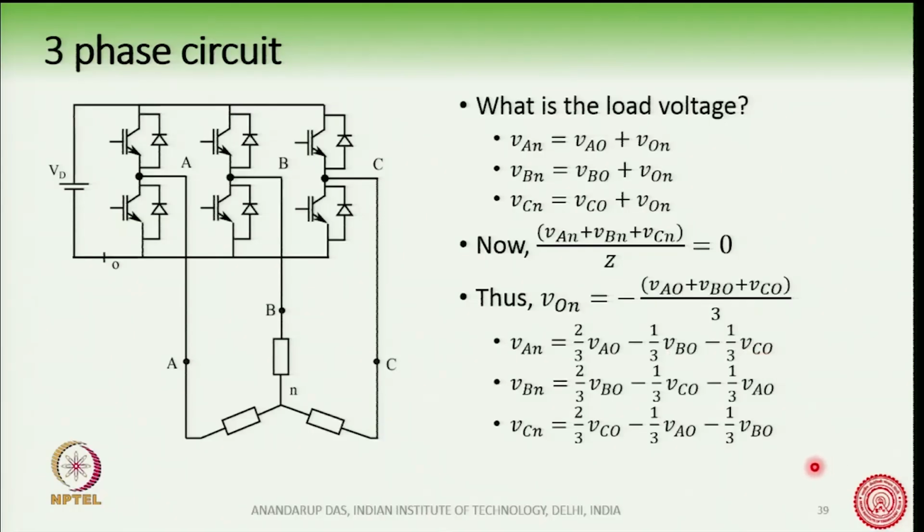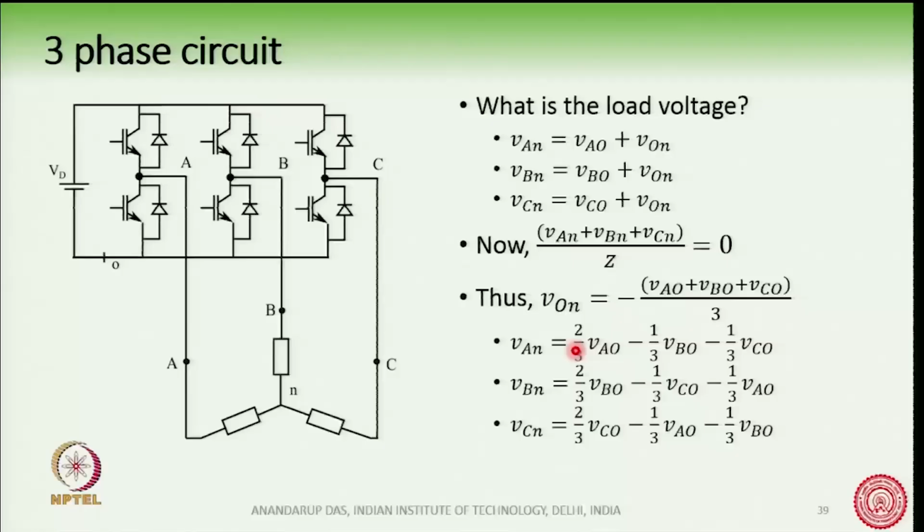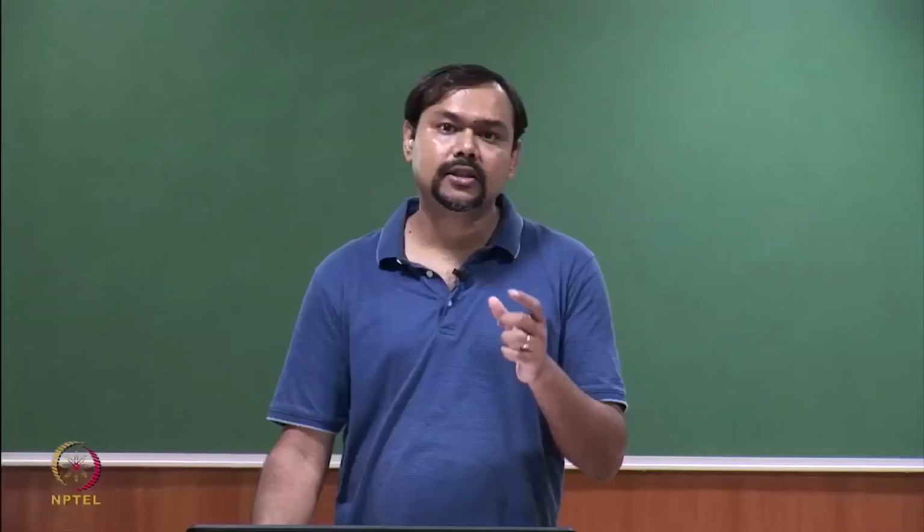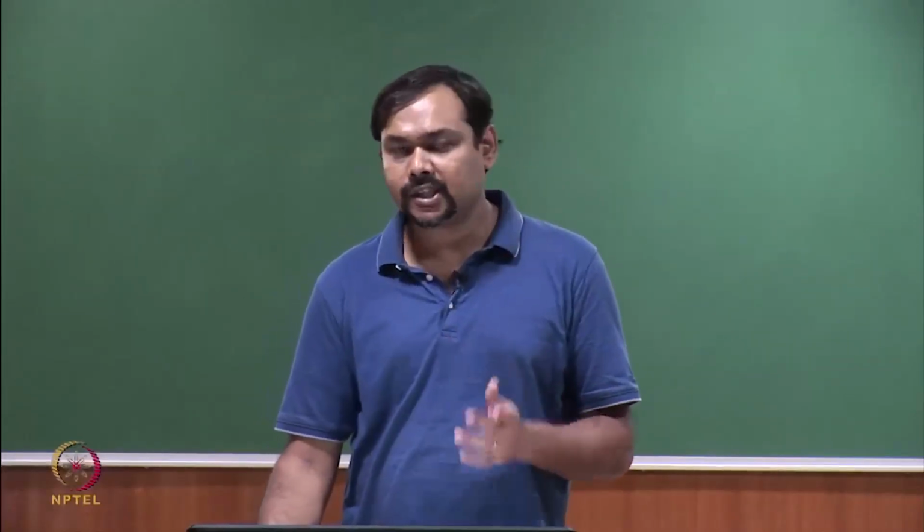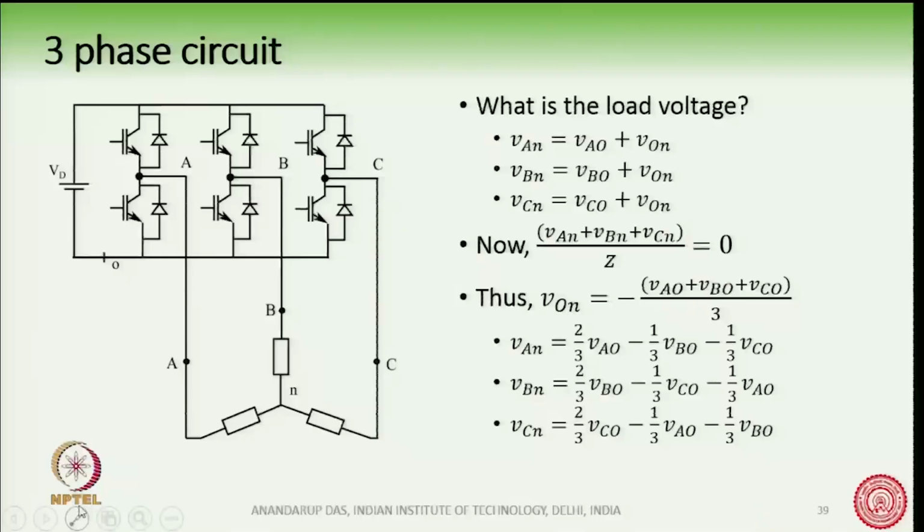Which means that the instantaneous phase voltage across the load is now expressed as a combination of the three pole voltages. Again, in turn VAO can be 0 or VD, VBO can be 0 or VD, VCO can be 0 or VD.